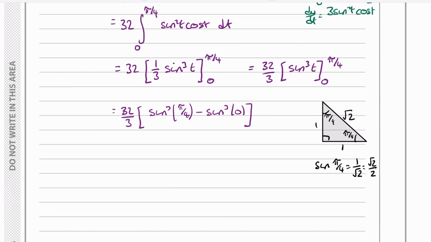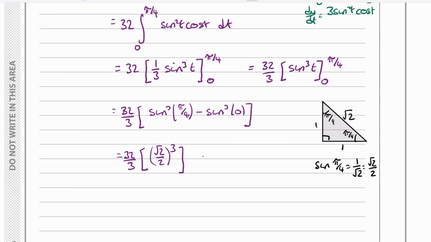So if we go back to the area of that region, we'll have 32 over 3 times root 2 over 2 cubed. That's the sine cubed bit here, minus the sine cubed of 0, which is 0. So we can get rid of that, and we'll close that bracket.